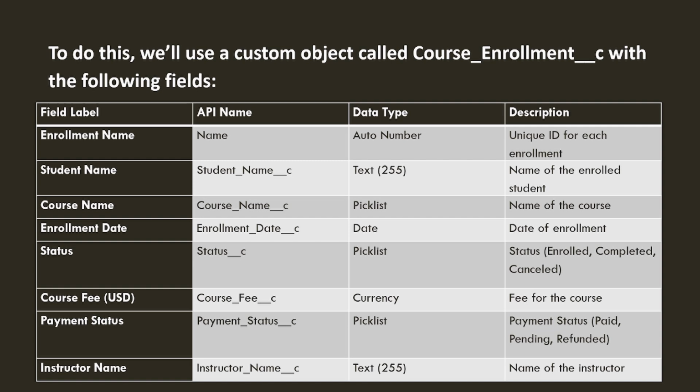To do this, we'll use a custom object called Course Enrollment with the following fields. To follow along with the video, you can create this custom object and related fields, or you can just watch the video till the end. A very important tip: make sure you enable Allow Reports while creating the custom object.